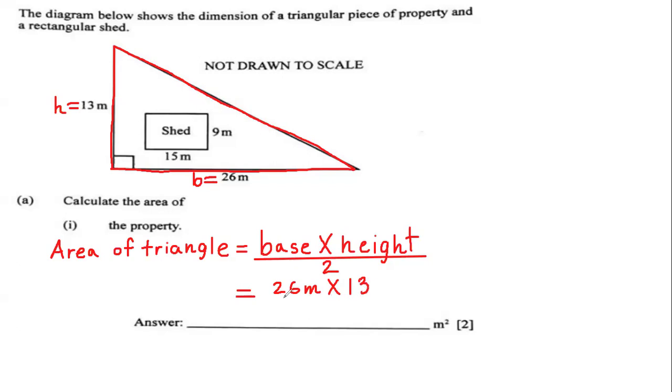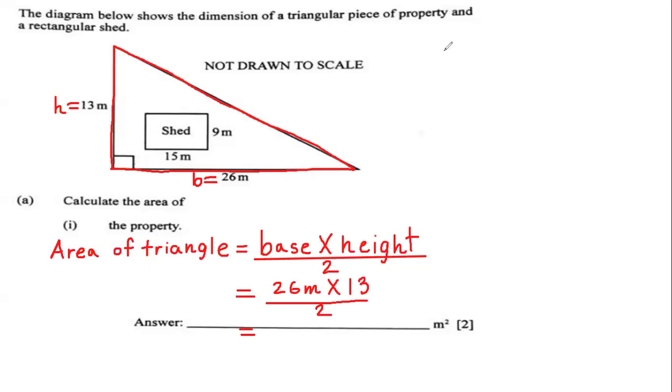And we're going to take that and divide it by 2, which is going to be equal to 26 multiplied by 13, then divided by 2. Okay. 338. That's what you get when you multiply them? Yes, sir. Okay, so let's multiply and see.